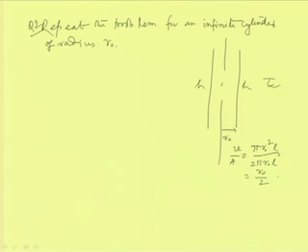Then the Biot number is expressed as h into R naught by k, that is, in place of L it is R naught, and the Fourier number is expressed as alpha t by R naught square.